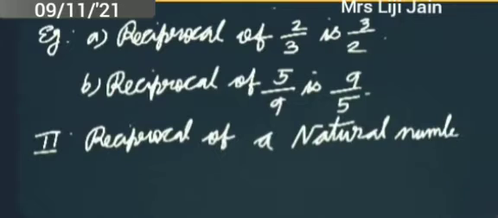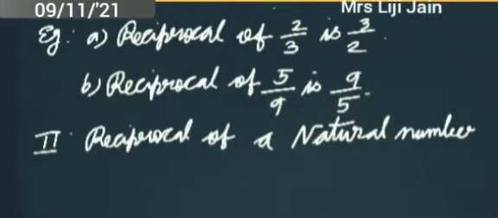Okay, please pardon me, while explaining I said whole number instead of natural number. It is not whole number, it is natural number, because whole number means 0 also is included in that, but we cannot find out the reciprocal of 0.